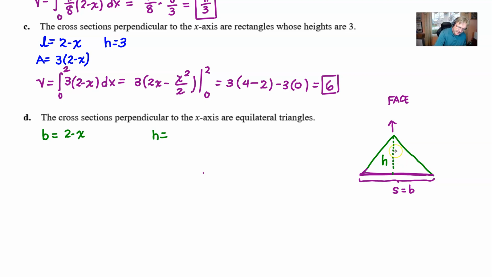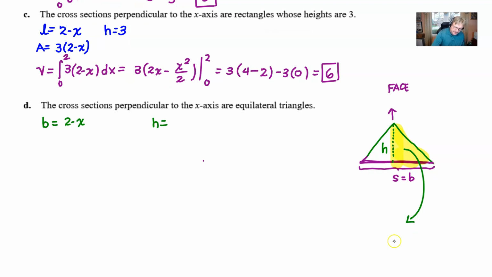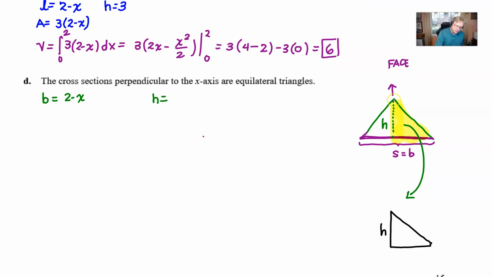So I'm going to take this triangle that's made right here, extract him from the picture and get a little bit better look on him, like this, where this is the H. And now that I've dropped this altitude down, an altitude in an equilateral triangle will split the base in half. And so that base that was 2 minus x is now 2 minus x over 2.